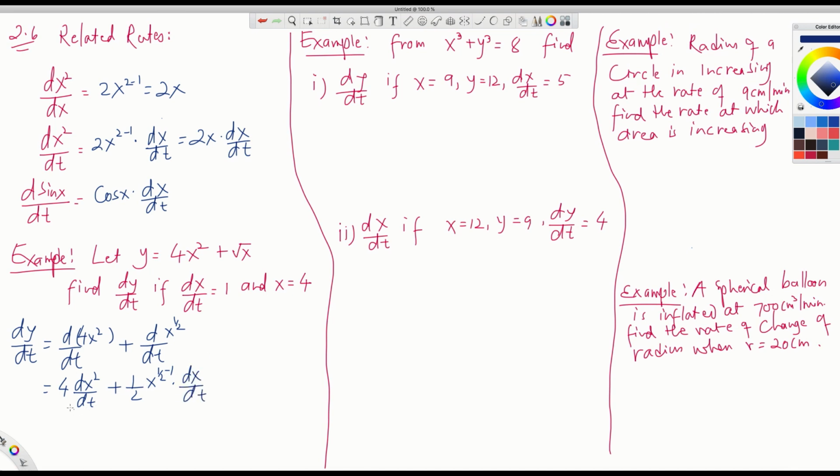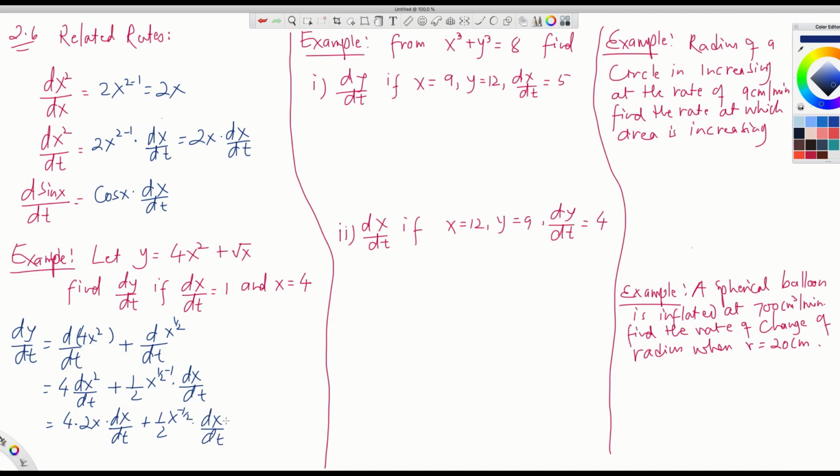That's the chain rule basically. Similarly here, it will be 4 times 2x times dx over dt, plus 1/2 x to the negative 1/2 times dx over dt.